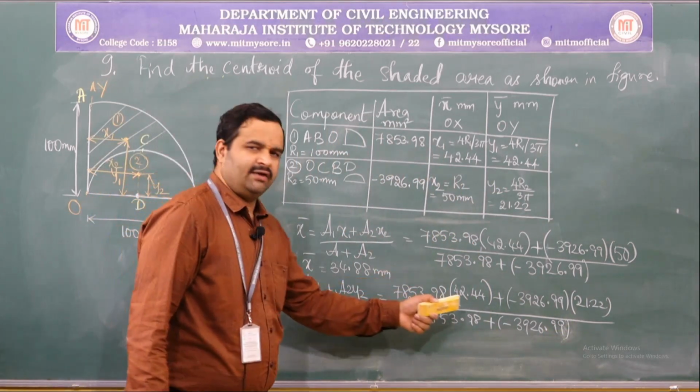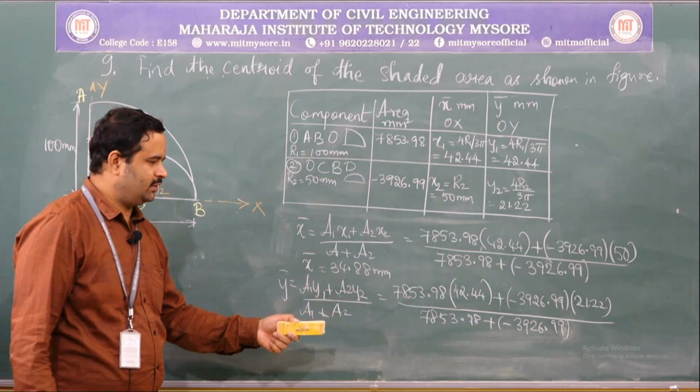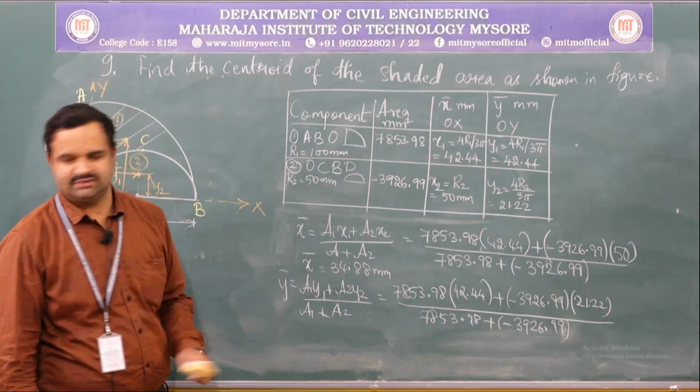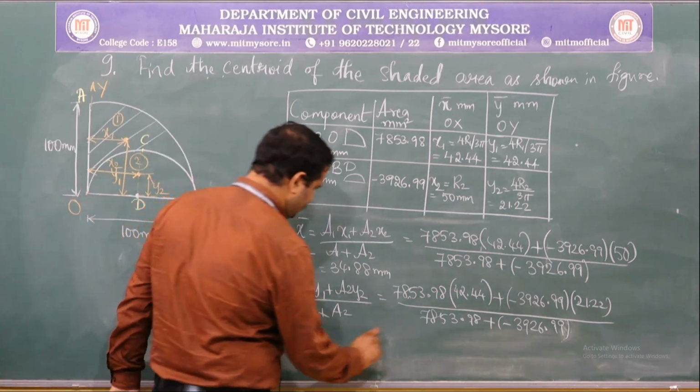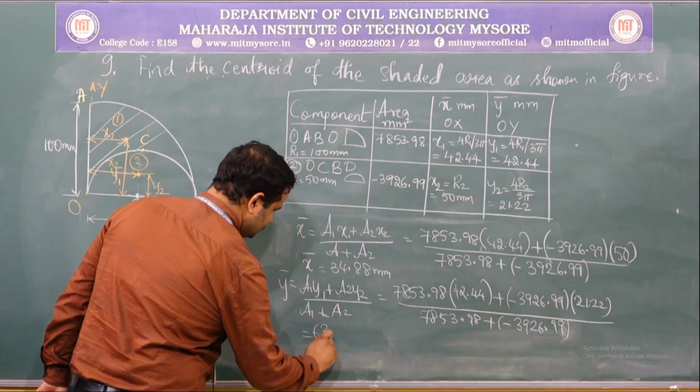So after substituting a1, y1, a2, y2 and a1 and a2 in the formula of y bar, we get y bar is equal to 63.66 mm.